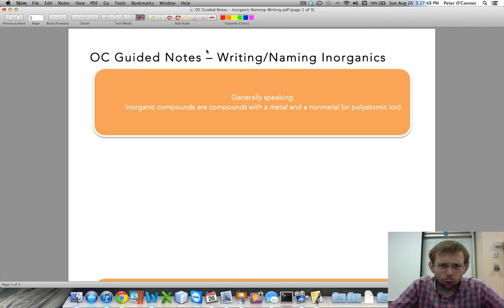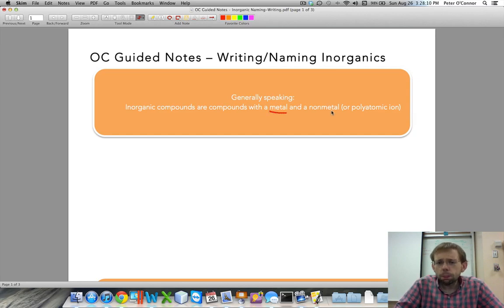If you want to write or name inorganic compounds, I guess the first problem you have to have is, what the heck is an inorganic compound? Because that's a really good question. And if you can't tell that right away, you have some issues, because there's different rules if it's inorganic as opposed to molecular. Okay? So generally speaking, if it's an inorganic compound, they generally have a metal in them.